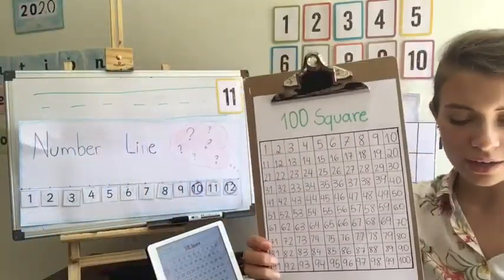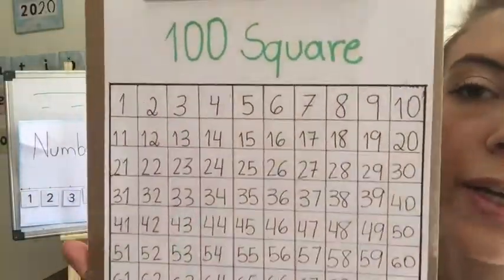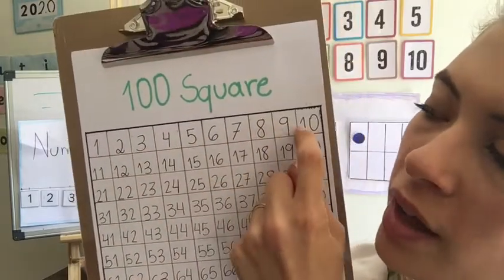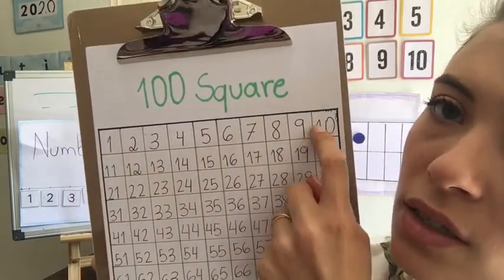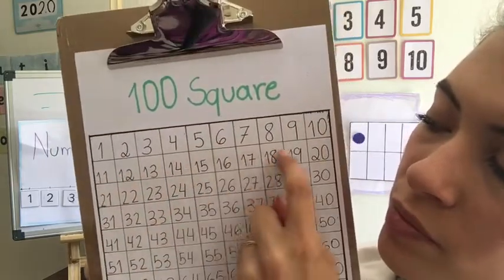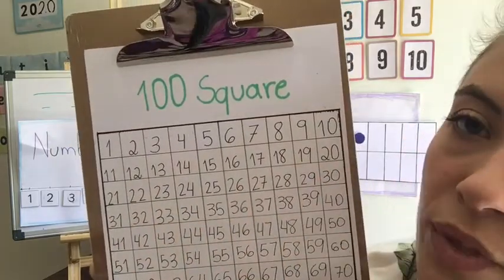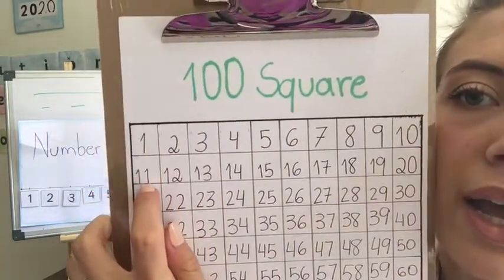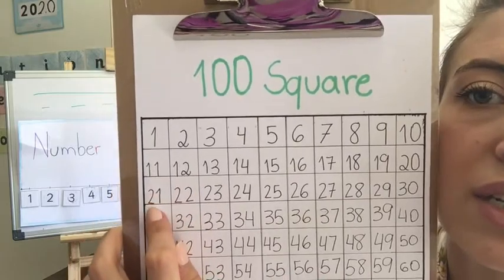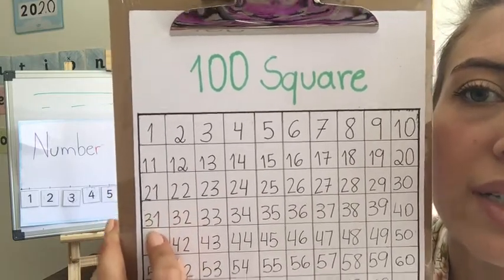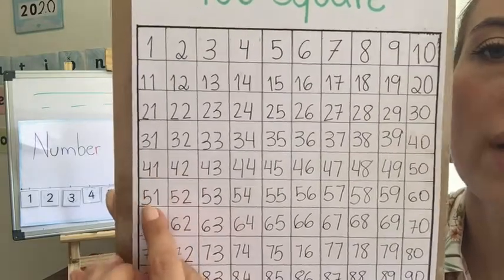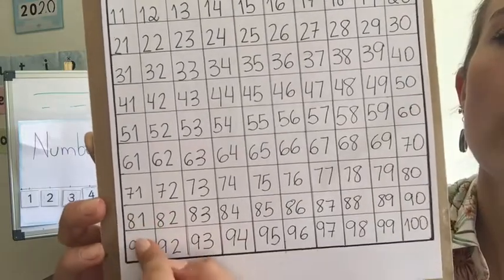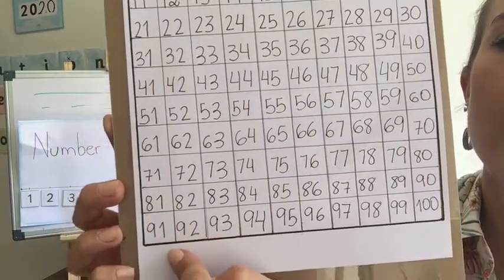Okay, and then we can check a lot of patterns here. The numbers always go like this, right? Okay, and here you can see the first number is 1, and here it's 11, and here it's 21, 31, 41, 51, 61, 71, 81, and 91.